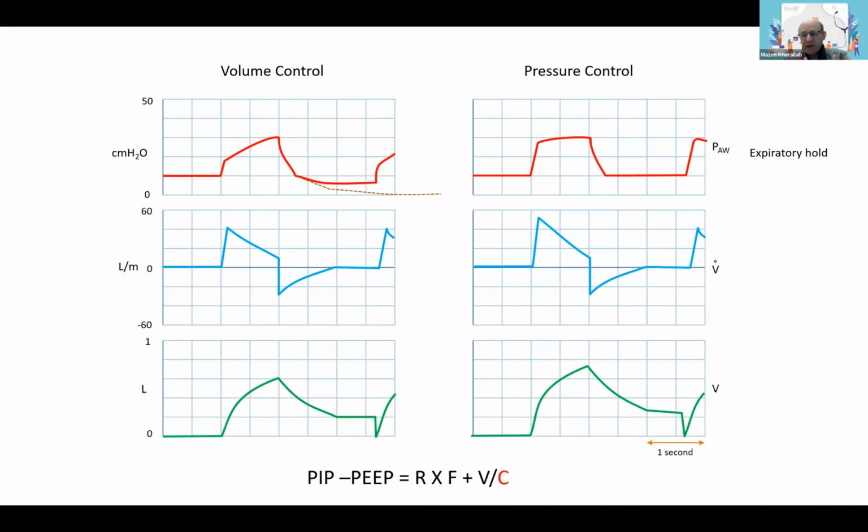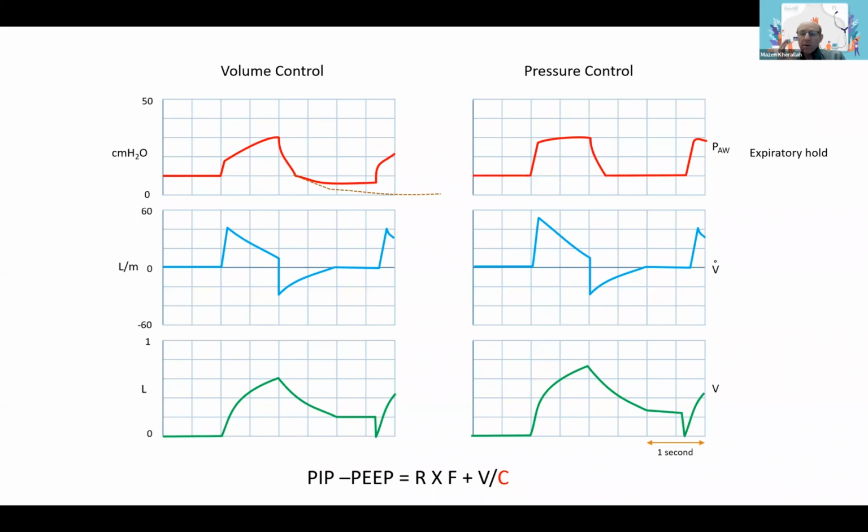So I want you to differentiate between this. The manifestation of air leak with a pneumothorax that is not drained is completely different than what I'm talking about here, an air leak that is leaking outside the chest cavity. Okay, so I put it in red here, so you can see that the compliance is increased.